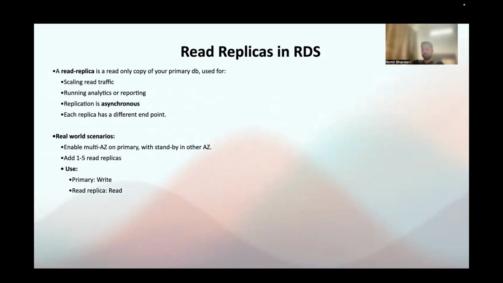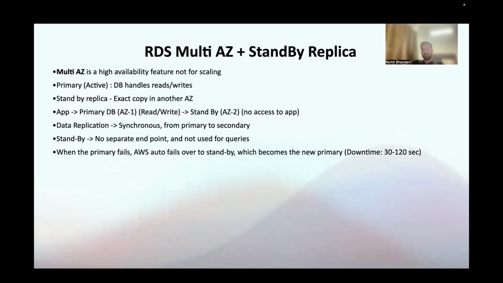So let's say you have more reads coming into the application and fewer writes, so you can have a primary with read replicas, for example for reporting or analytics. And this replication is asynchronous, not synchronous. Each replica has a different endpoint. Here the standby doesn't have a separate endpoint itself.